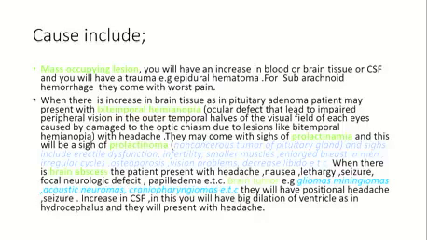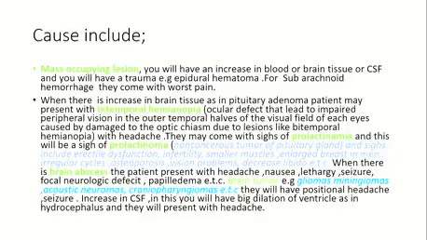For example, when you have epidural hematoma or subarachnoid hemorrhage, it will cause pain because there is increased pressure around the brain, and these lesions can press on other tissue.